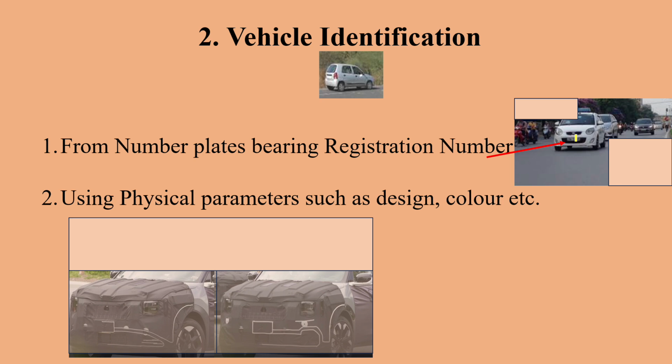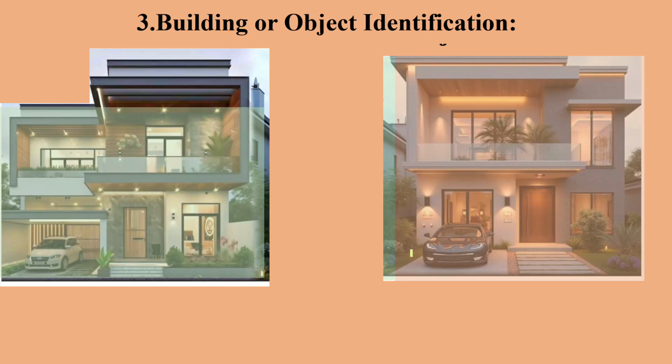Another way of identifying a vehicle is by physical parameters. Every vehicle, even of the same model, may differ in the design of the outer parts, maybe the bumper or other things. So on the basis of physical parameters, the vehicle can be identified by analysis of the CCTV footage.